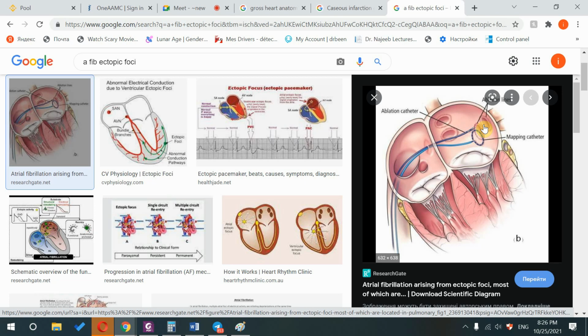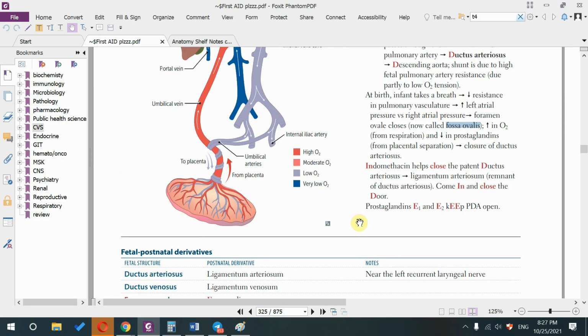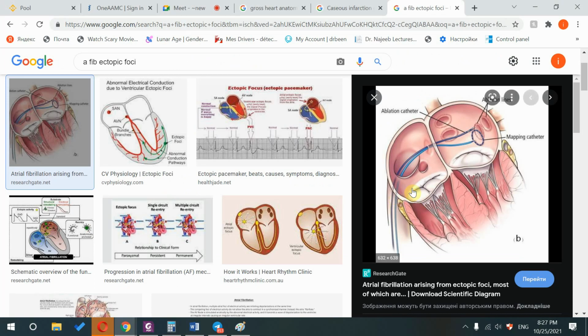You need to know where the ectopic foci is located, which is near the pulmonary veins. Okay, good. Keep in mind that flutter is different. Flutter is near the tricuspid valve. It's totally different. So atrial fibrillation is near the pulmonary veins, flutter is near the posterior leaflet of the tricuspid valve, near the inferior vena cava. Okay.